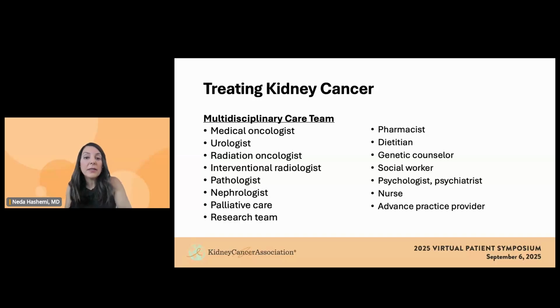And last but not least, our primary care doctor has a very important role in helping us manage our cancer. So it doesn't mean that when you have cancer, you don't need to see your primary care doctor anymore. We work very closely with your primary care doctors to help us manage your symptoms.